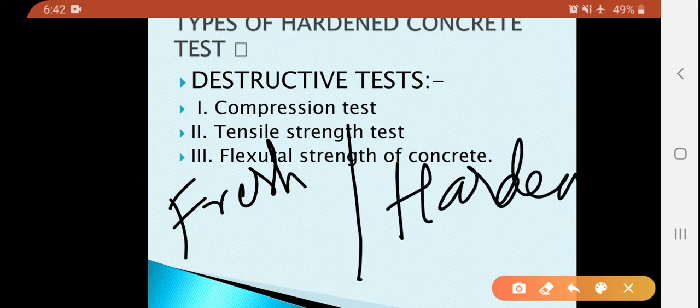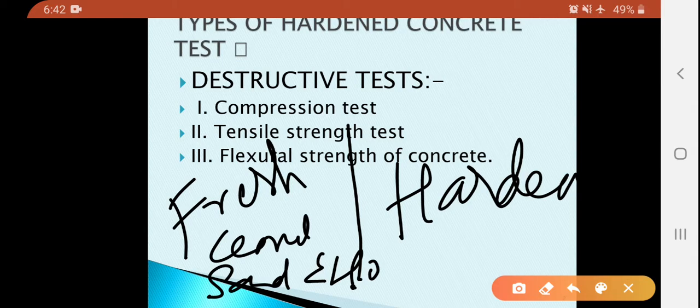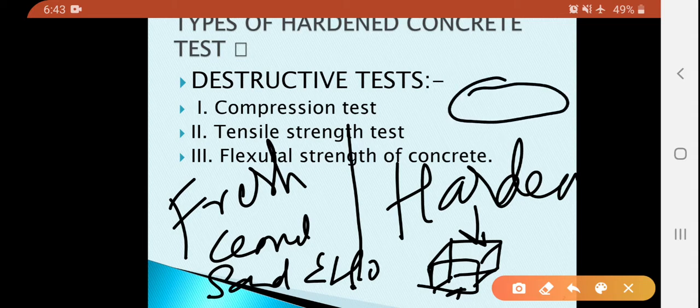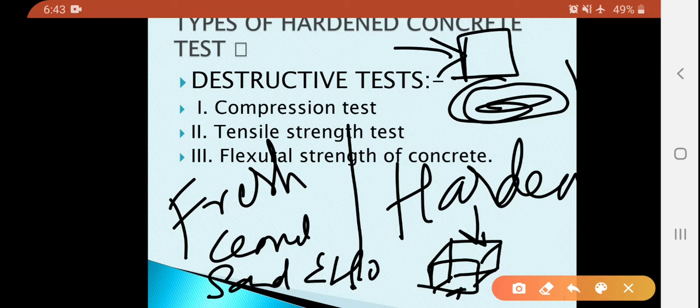As the name indicates, fresh concrete has cement, sand and water, the pure form of cement, sand and aggregates, in a completely plastic form. In hardened concrete, for example one which is already constructed, the shape has been derived from the fresh concrete properties, and the concrete has completely lost its plasticity. This is known as hardened concrete.